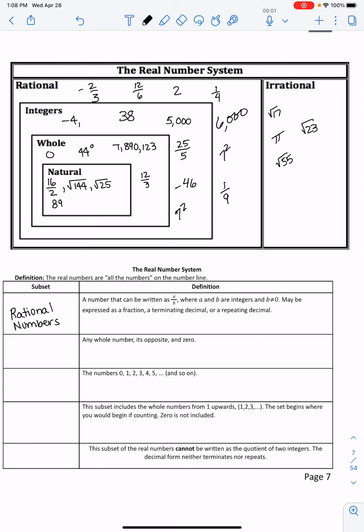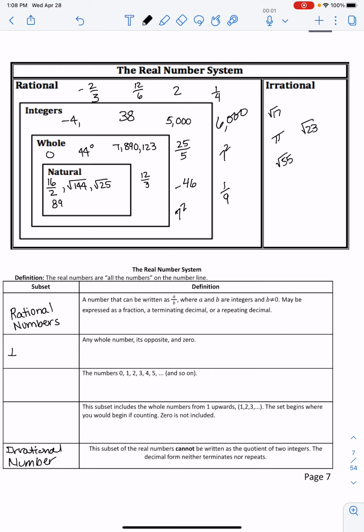Or it can be an irrational number, and this subset of the real numbers cannot be written as the quotient of two integers, and the decimal form neither terminates nor repeats, okay? And then underneath that rational umbrella, you have integers.